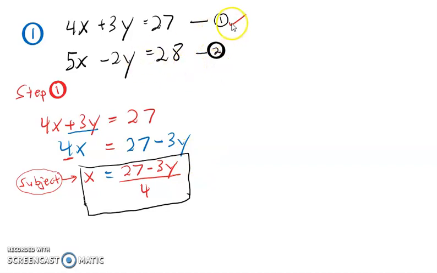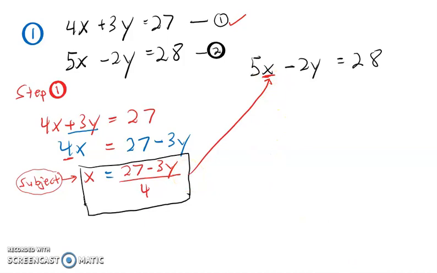Because you have used the first equation to get the subject, now we have to substitute it into the second equation. So we have 5x minus 2y equals 28, and we bring this and substitute it inside the x.